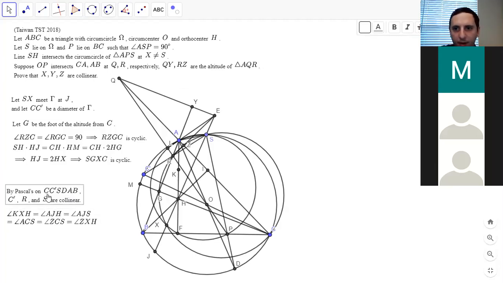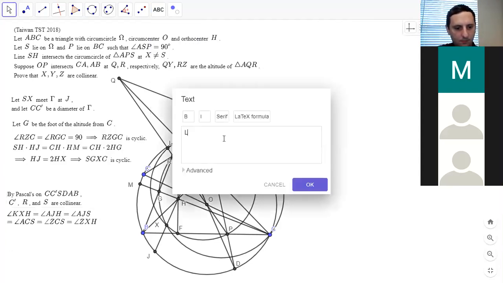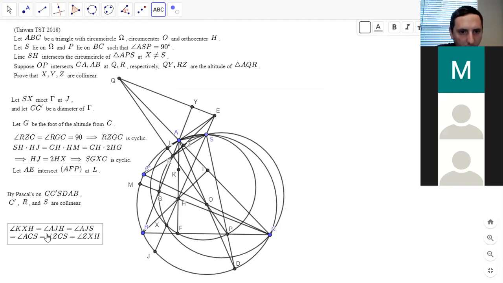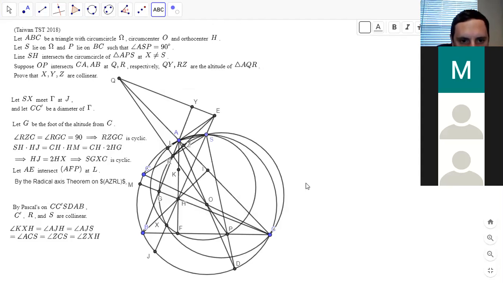So let AE intersect the circle AFP at L. And then by the radical axis theorem on AZRL, we have AZRL, and then ZRSZRX.